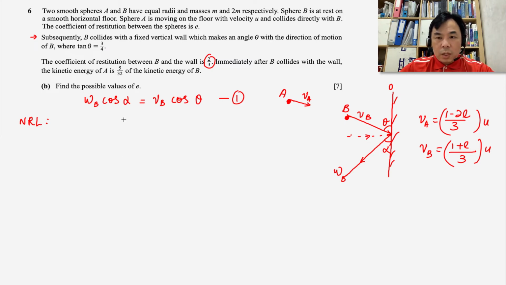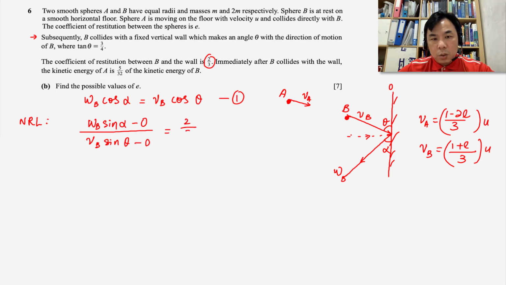So I can use this as my reference. W_B sine alpha minus zero, divided by the initial velocity here, which is v_B sine theta, minus zero, is equal to 2 over 3.